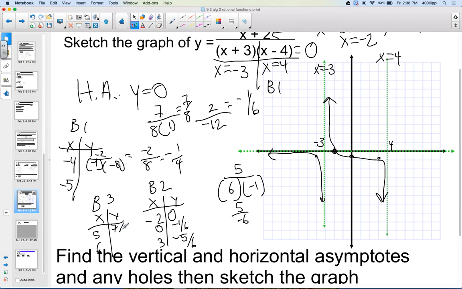So we get the point 5, 7/8. And then we know it's going to be approaching our asymptotes, so we'll have it approach like that. And that is 9.3.